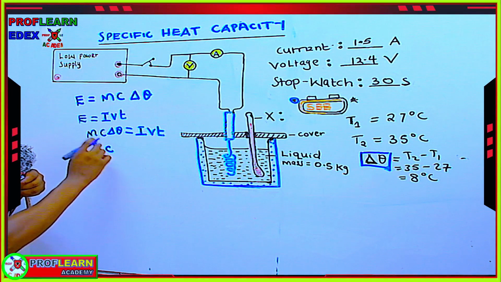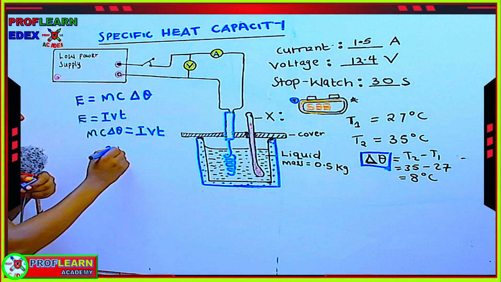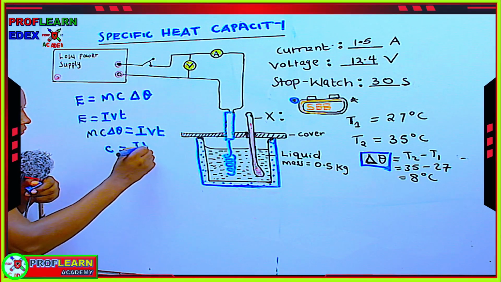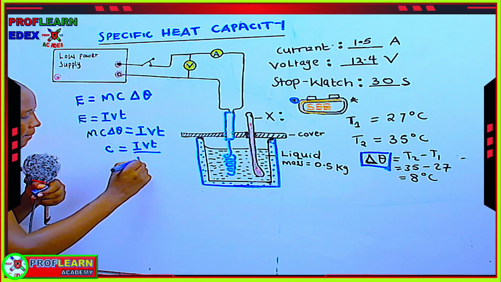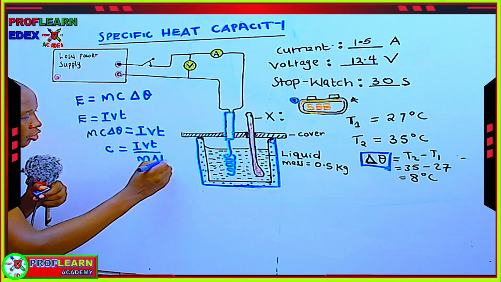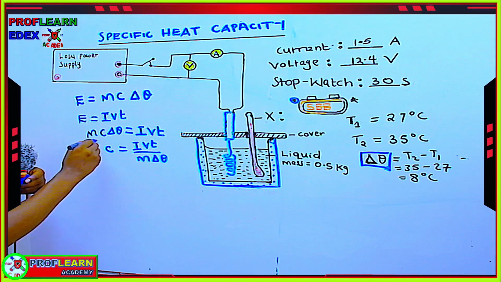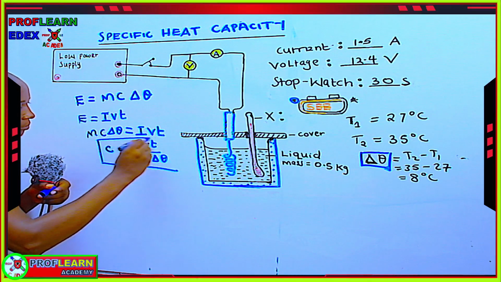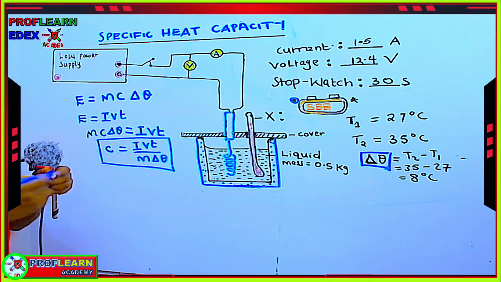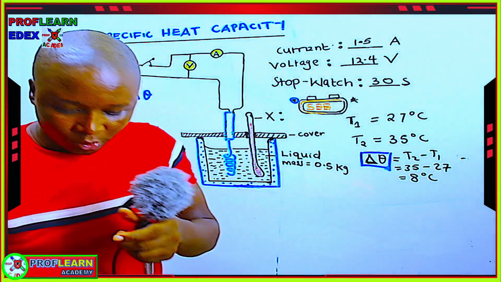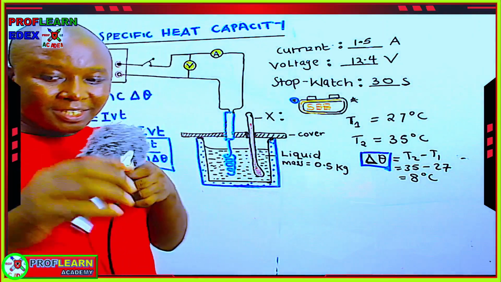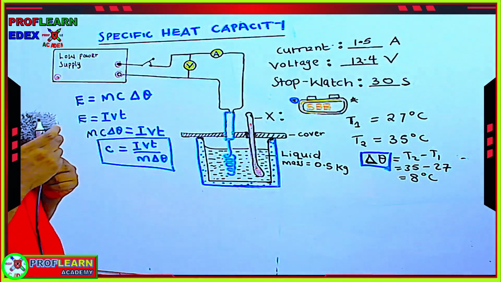Making c the subject, which is the specific heat capacity, c is IVT divided by m change in theta. Anytime you are working out the specific heat capacity of a substance using the electrical method, this is the relation we are going to use.